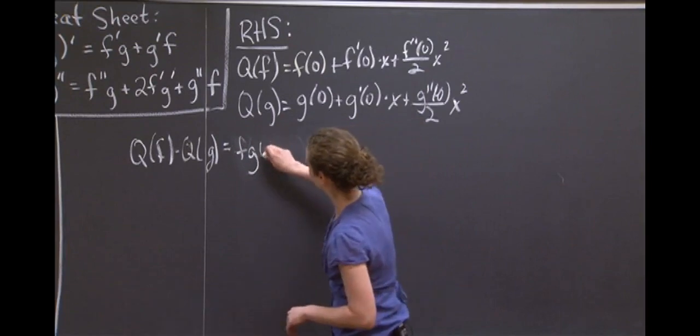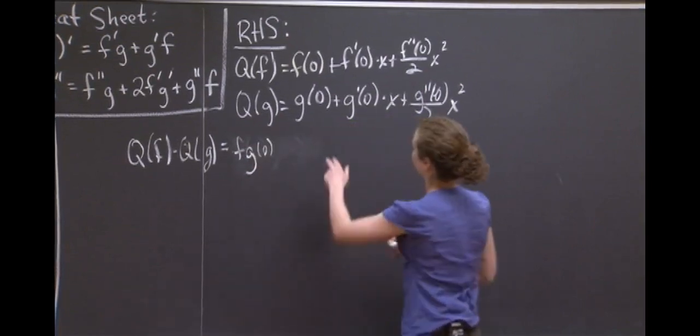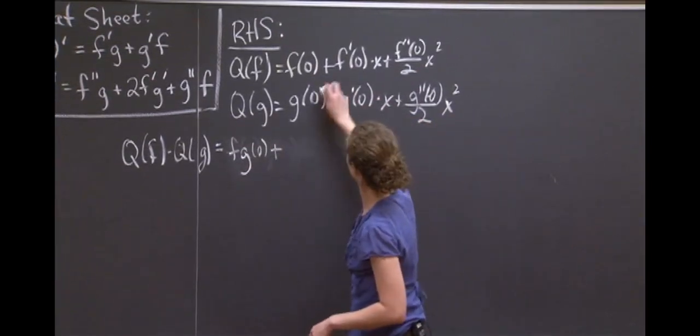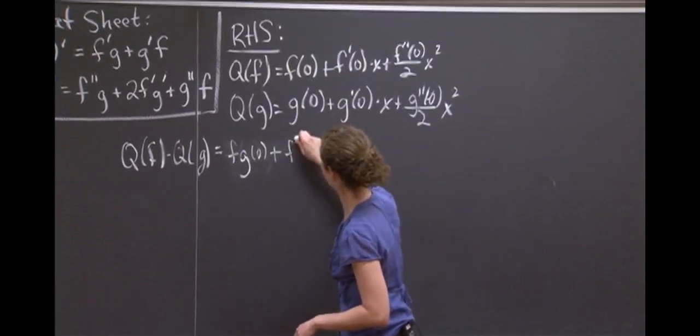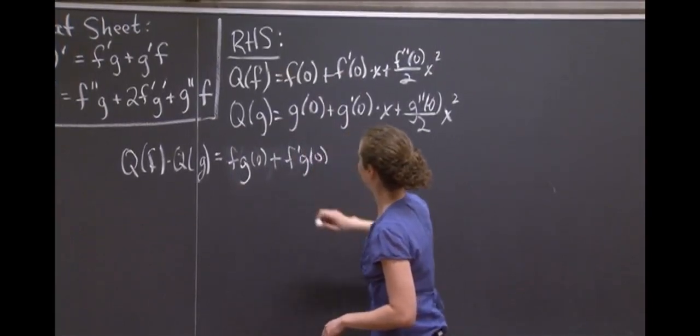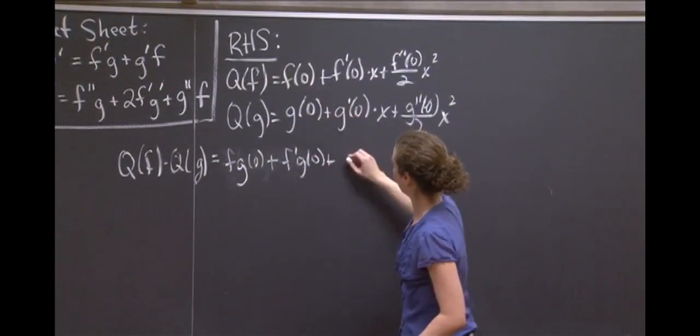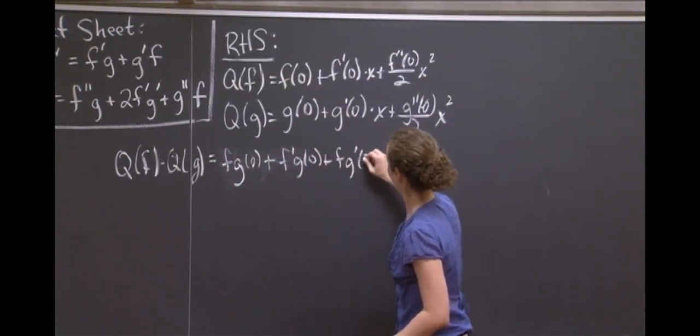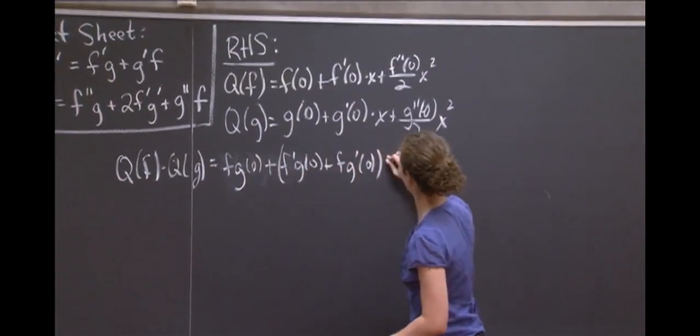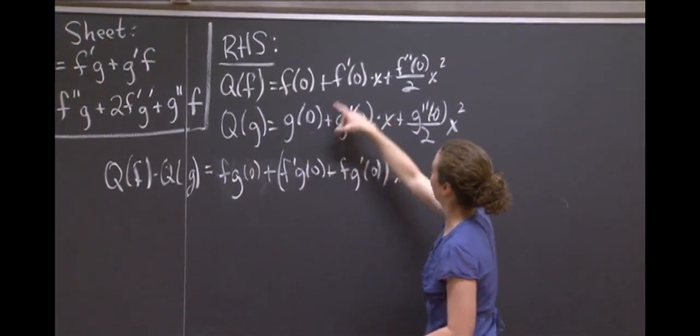I can even write just the single one evaluated at 0. It's the product evaluated at 0. And then I have f prime g, so I'll just evaluate at 0 at the end of the product, plus fg prime evaluated at 0. This whole thing is times x. I get an x here, I get an x here.